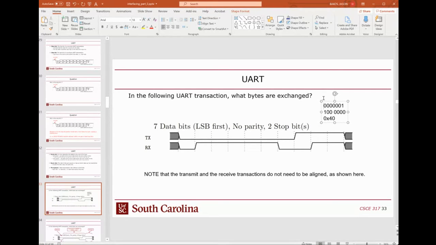This would be least significant bit to most significant bit, and this would be most significant bit to least significant bit. When you write it down, you always write it as most significant bit to least significant bit, but when you read it from the waveform, you're going least significant bit to most significant bit.